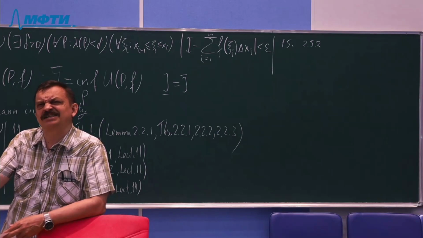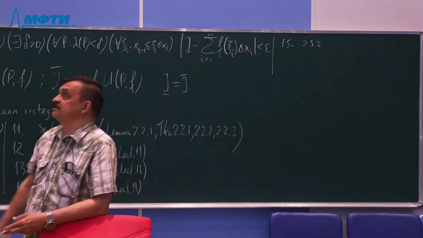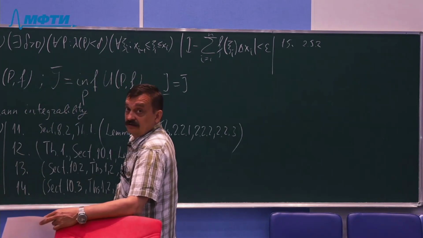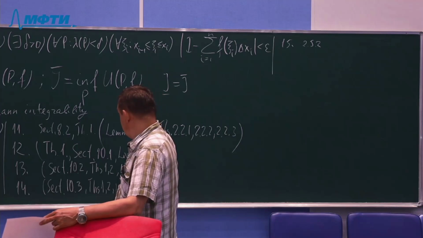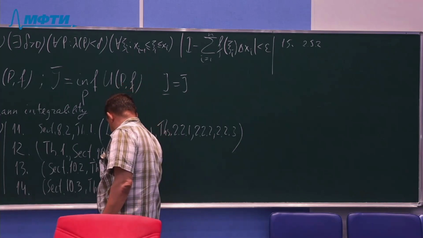Only sketch. Yes, yes, you are right. In your lecture notes, it is without proof. I gave Abel transform, nothing else. Okay. Theorem 2, then without proof.